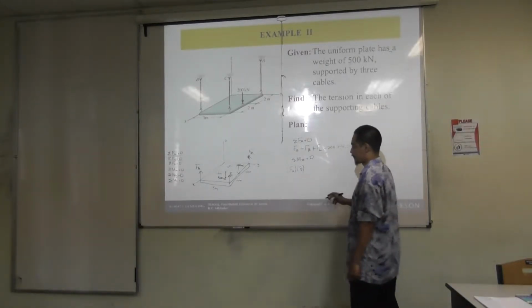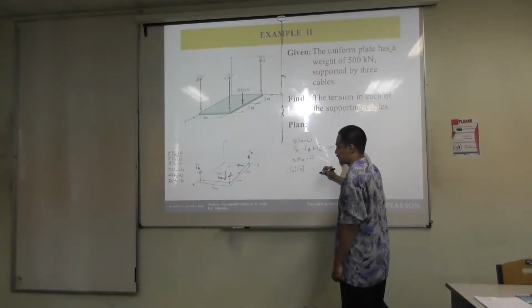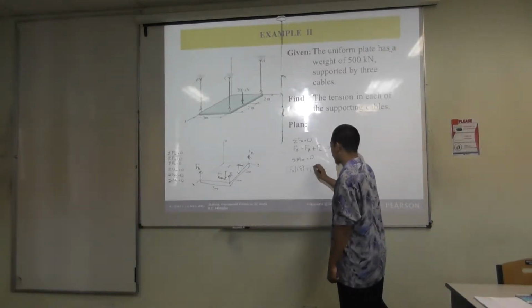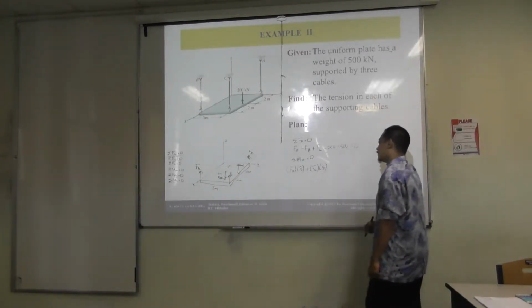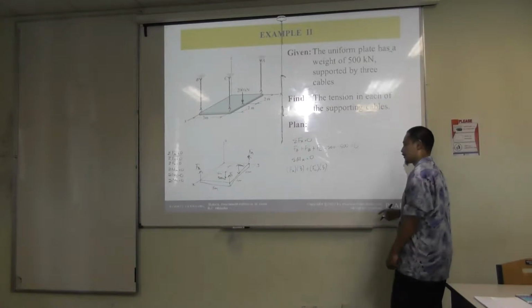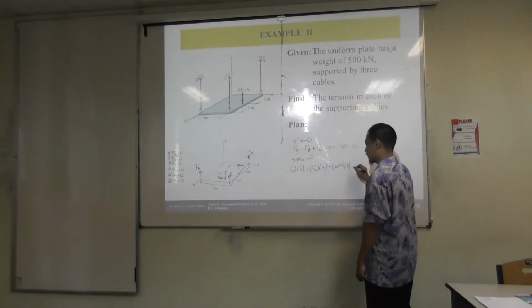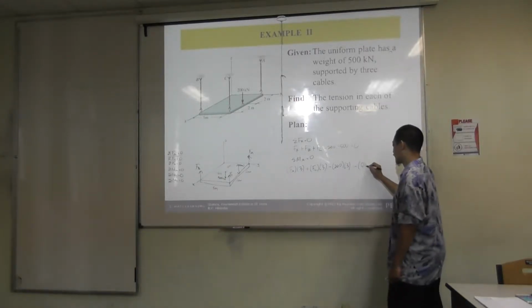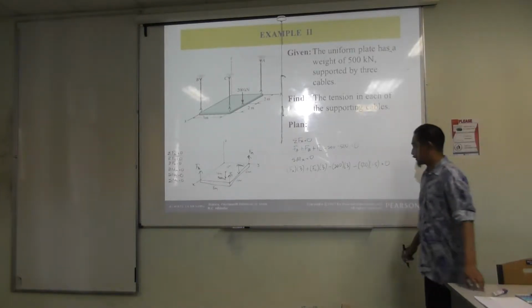No. Fc? Yes. Clockwise, counterclockwise? So positive. Fc, distance of 3. The 200 kilonewton, clockwise, counterclockwise? Minus 200, distance of 3. The 500? Minus 500, distance of 1.5. Right. So still 2 unknowns, you cannot solve yet.